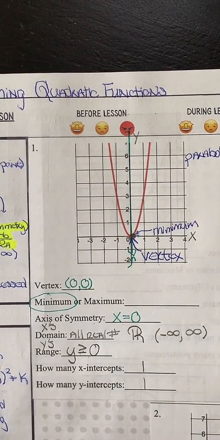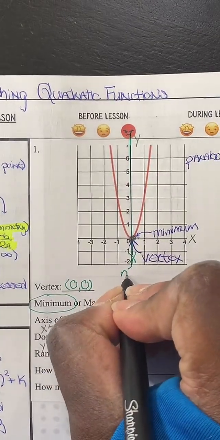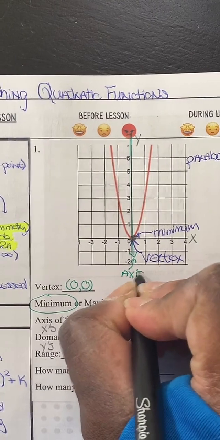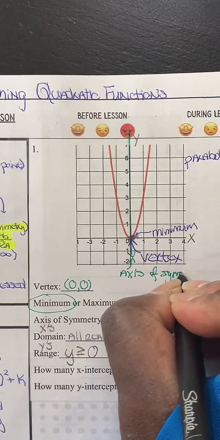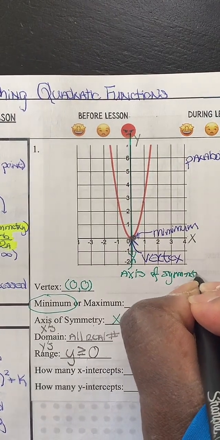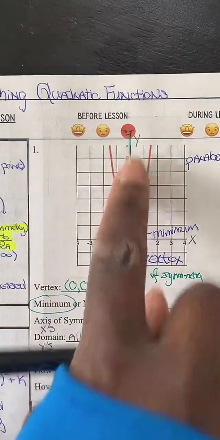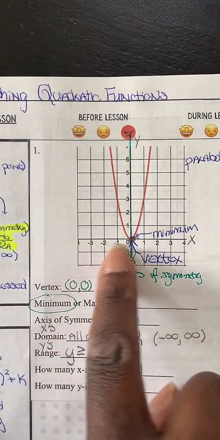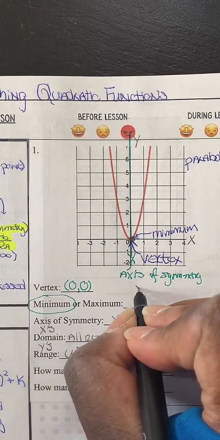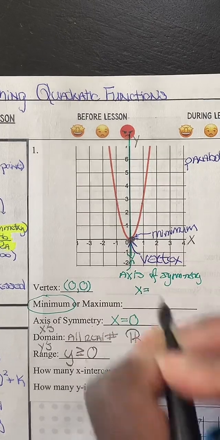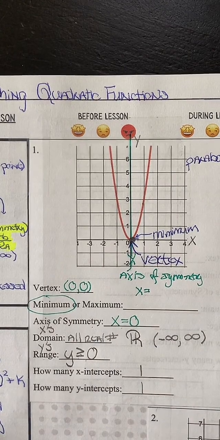My axis of symmetry is cutting my graph in half right through the x-axis. That's why the axis of symmetry is always x equals, because it only goes through the x-axis.